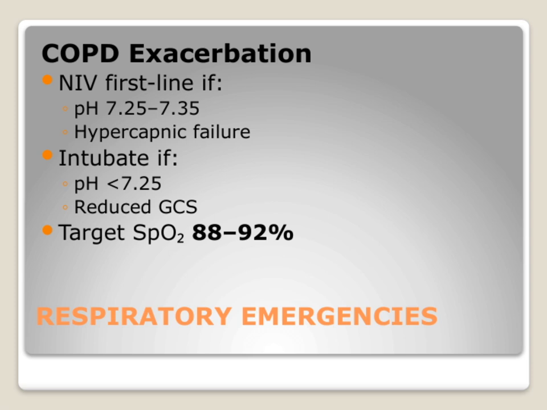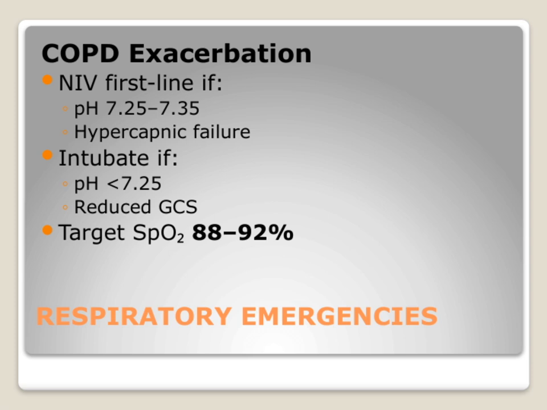It can help improve gas exchange and reduce the work of breathing without needing more invasive measures. However, there are situations where intubation becomes necessary. If the pH drops below 7.25, indicating more severe acidosis, or if the patient has a reduced Glasgow Coma Scale, meaning their level of consciousness is decreased, then invasive ventilation through intubation is usually indicated.